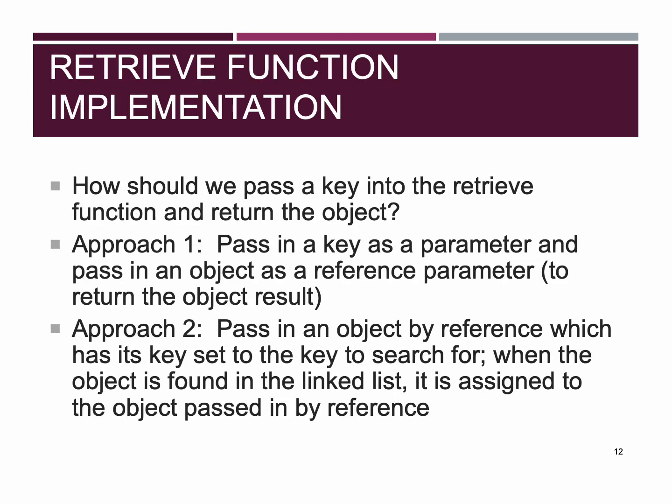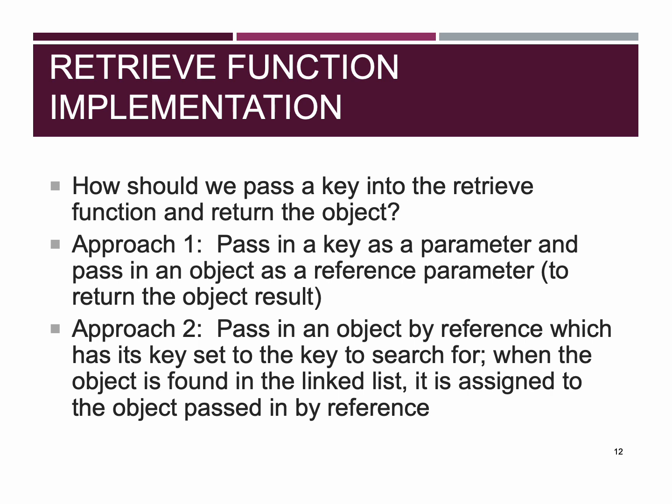Now let's look at how we can implement the retrieve function in a linked list. This function will allow us to retrieve an object using its key. There are two main approaches to do this. In approach 1, we pass the key into the retrieve function as a parameter. Along with that, we also pass an object as a reference parameter.